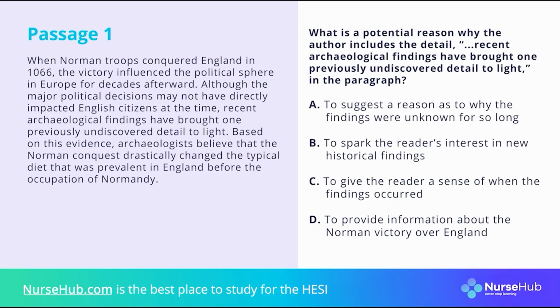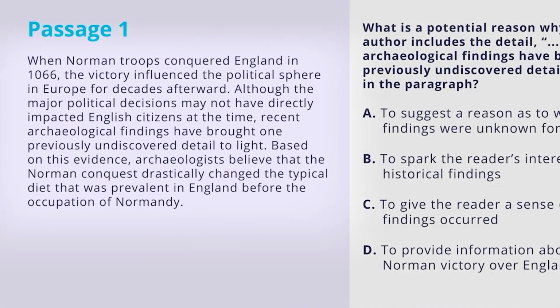So this is one type of question that you might see aligned with this skill, asking you about one specific detail in the text. What we're going to do next is I'm going to read through this passage, and then we're going to tackle the answer options. When Norman troops conquered England in 1066, the victory influenced the political sphere in Europe for decades afterwards.